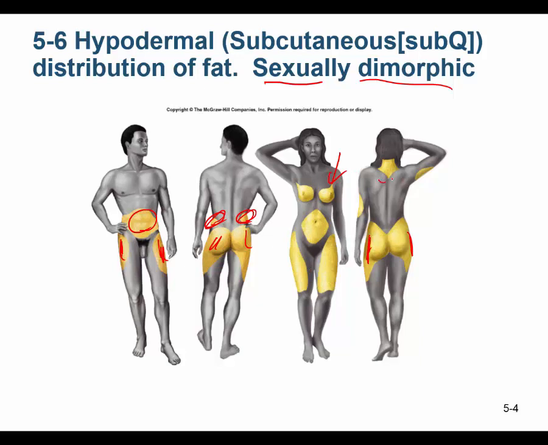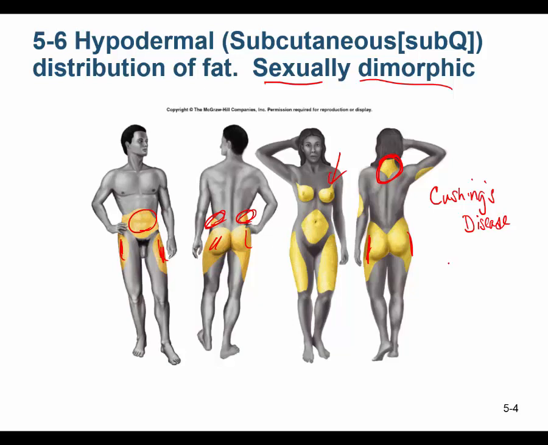Now, right here, right behind the neck, I don't think it's a great amount of hypodermal fat stored there normally, but there is a disease where you put a lot of hypodermal fat right behind your neck like that, and that disease is called Cushing's disease. Cushing's disease is a cortisol disease, an adrenal cortex disease.